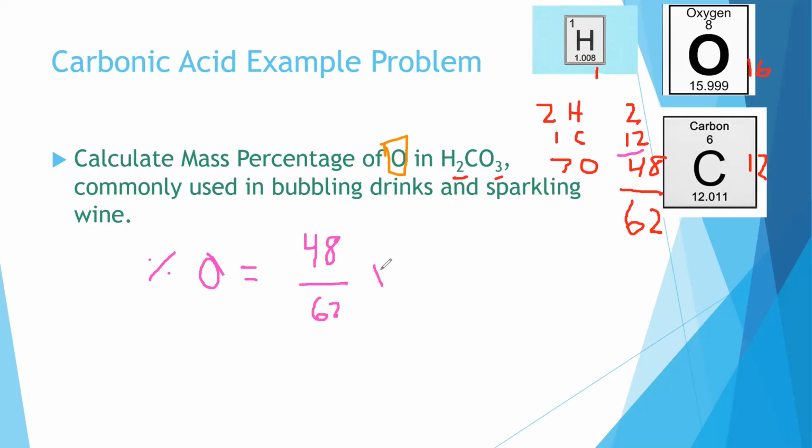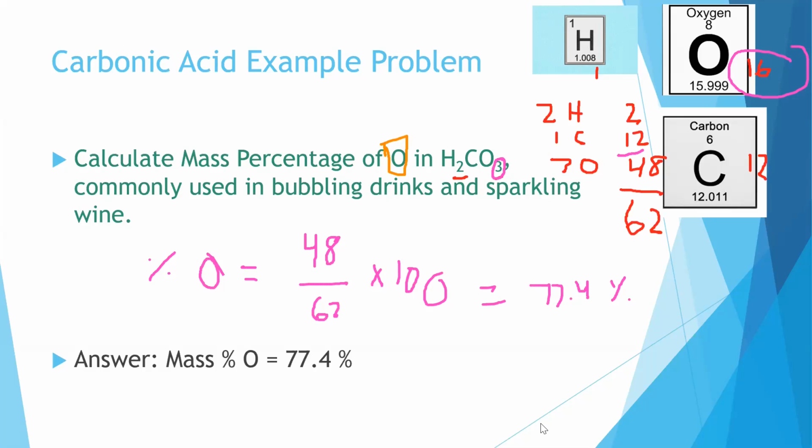If you don't know, I got 48. We have 3 oxygen atoms, as we could see by this subscript, and each oxygen atom is 16 by the molar mass. So 3 times 16 is 48. And plugging it into our calculator, we get 77.4%. Yep. So that's how we do these types of problems.